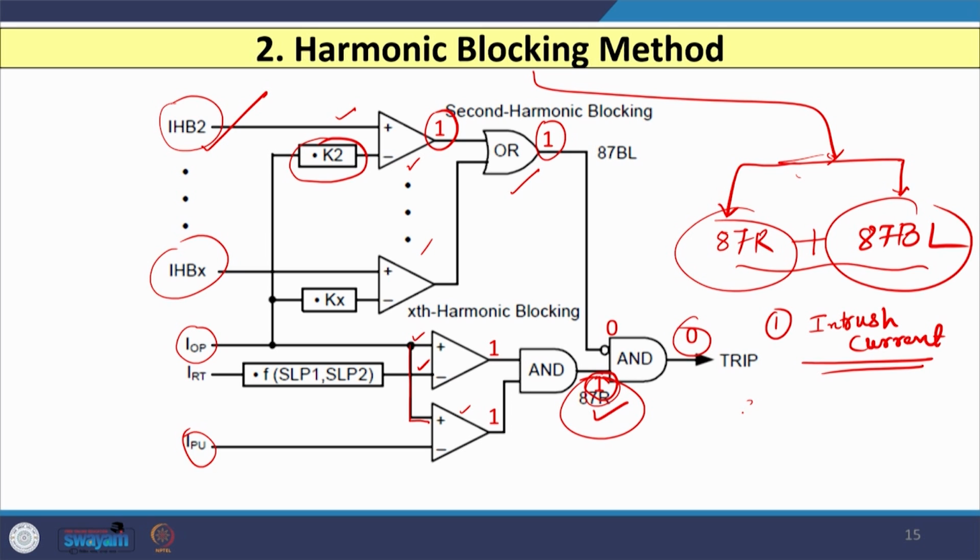However, in case of an internal fault, obviously you will get 1 from 87R, and the percentage of harmonics is always lower than 20%, so you will get 0 from the blocking logic and 1 at the AND gate. So, the tripping command is initiated.